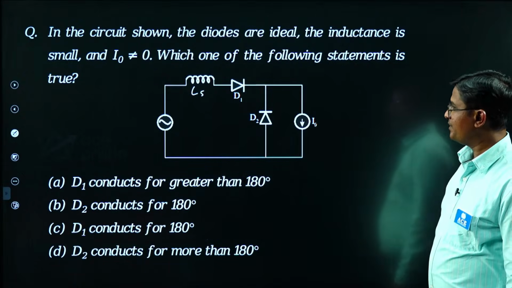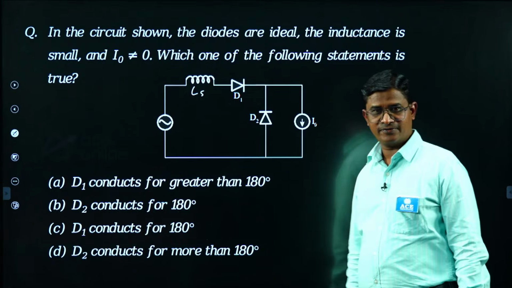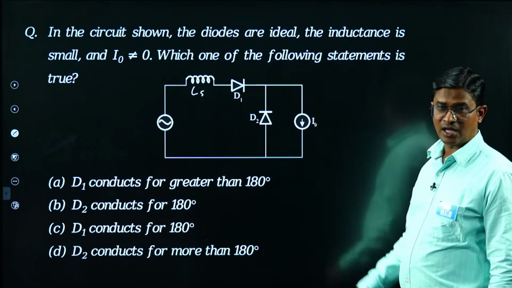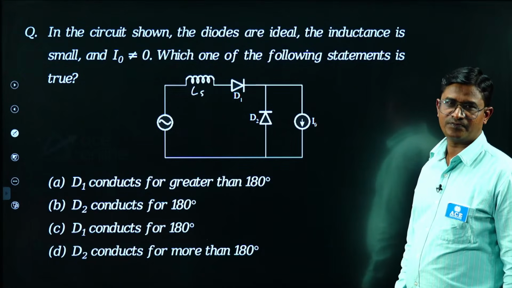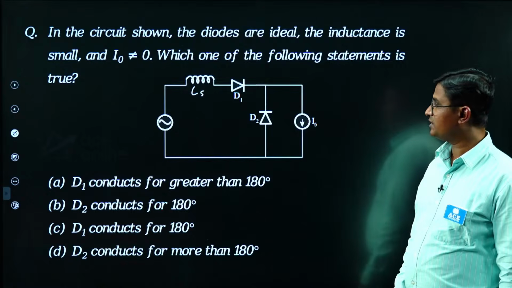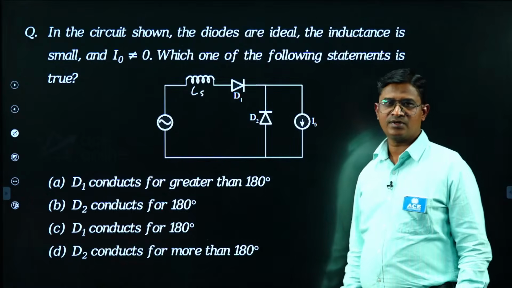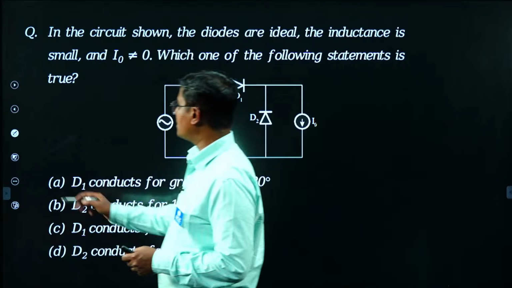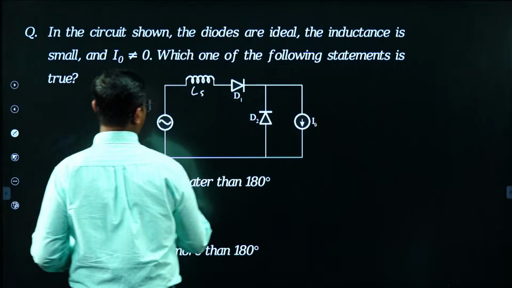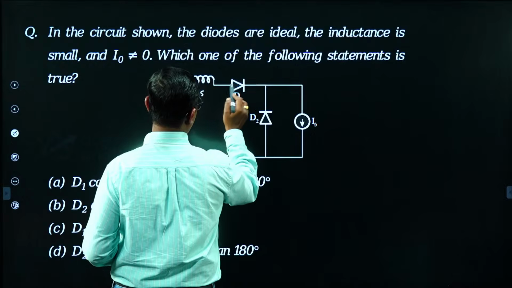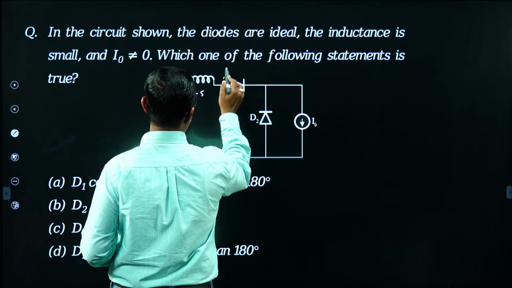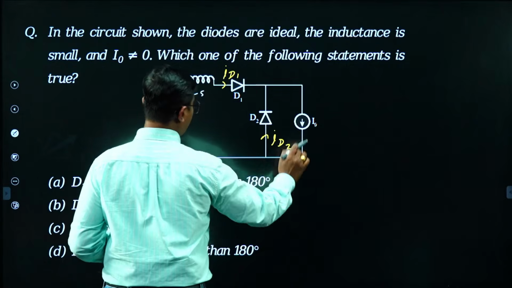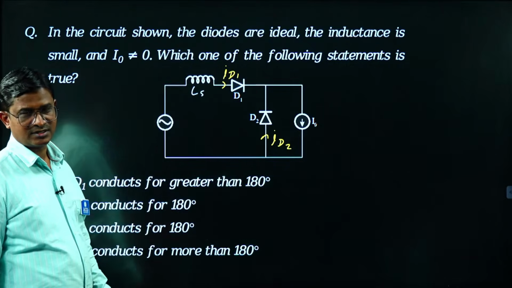Here the source inductance is present. I want the load current to be constant here. What will happen? First tell me without source inductance. Without source inductance, how will the waveforms of diode D1 current and diode D2 current be? Let me consider this current as ID1 and this current as ID2.